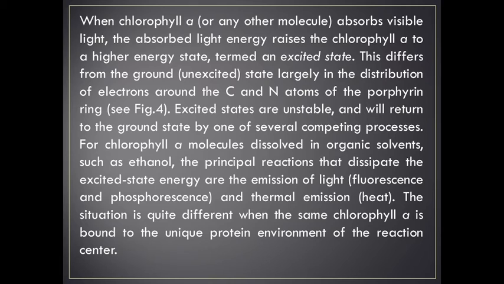The core complex is present in the chloroplast, and it controls 50 to 60 chlorophyll molecules. The harvested energy captured by the antenna complex is then transferred towards the core complex.